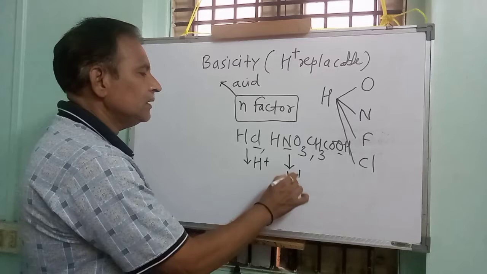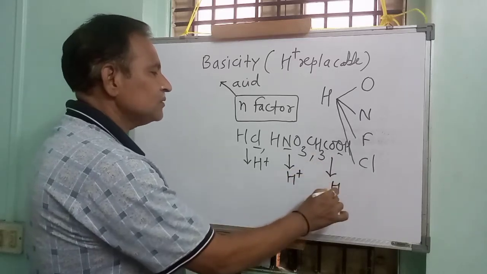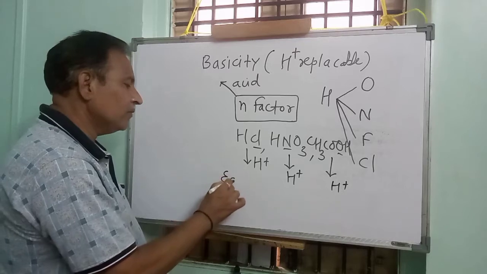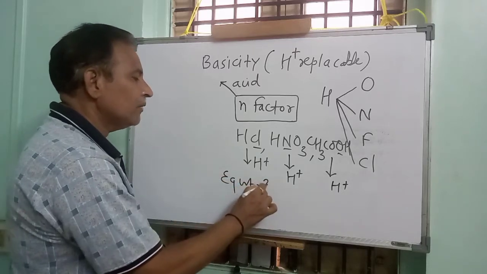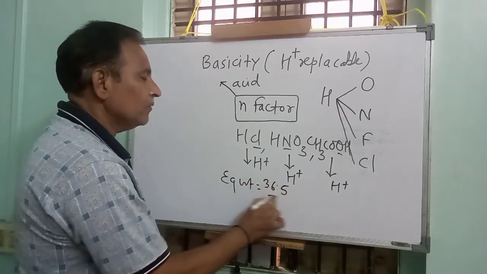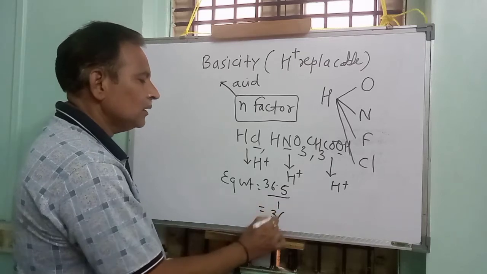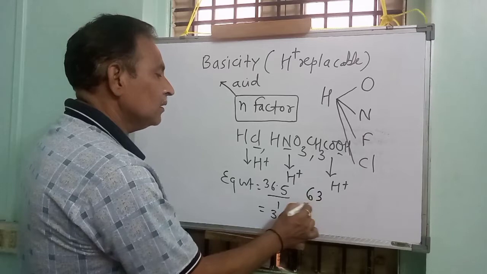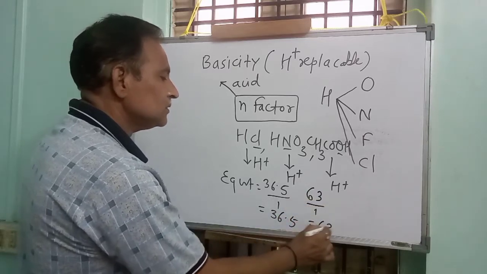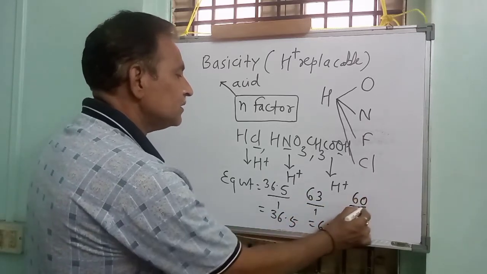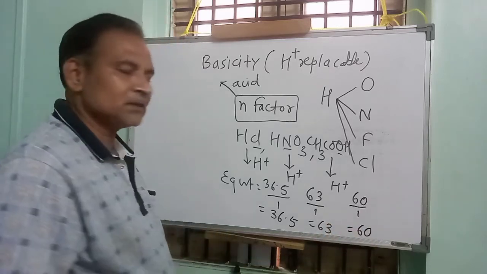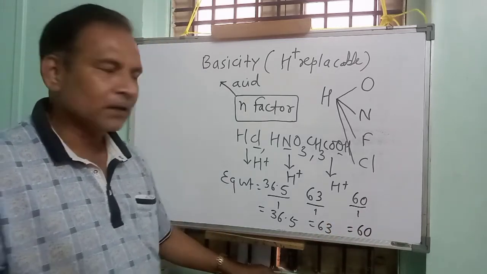The replaceable proton is 1, and therefore for these acids the equivalent weight will be equal to their molecular weight: 36.5 divided by 1 is 36.5, here 63 divided by 1 is 63, and here 60 divided by 1 is 60. So friends, these species were left to discuss.